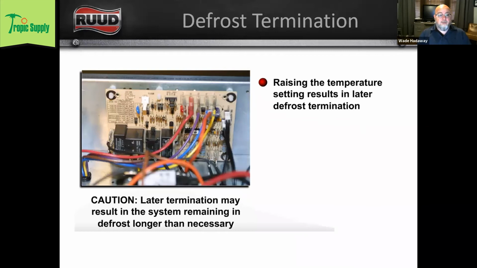You can raise that temperature, but again, if you raise the defrost temp to say 80, the system's going to stay in defrost longer than it needs to, and that's going to cause you a hit in efficiency. It's going to be less efficient, and we're going to be blowing cold air in the house longer than we need to.